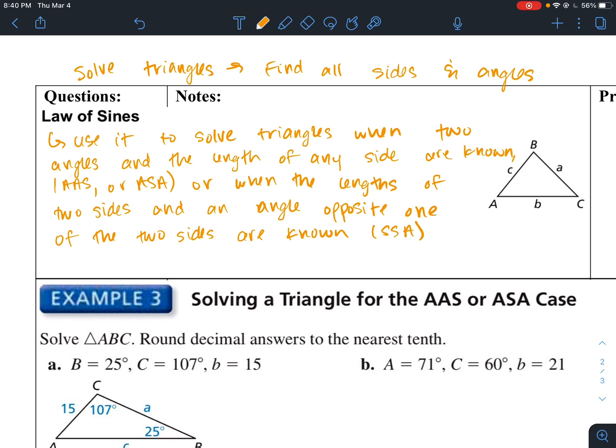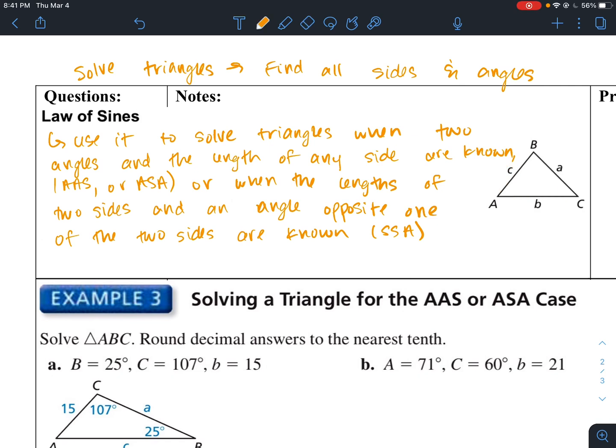Okay, so you can use the law of sines whenever you have an angle, angle, and a side. So basically, anytime you know two angles and the non-included side. So here, if you know this angle and this angle, if you have those two angles and the non-included side, like that, then you can use it.